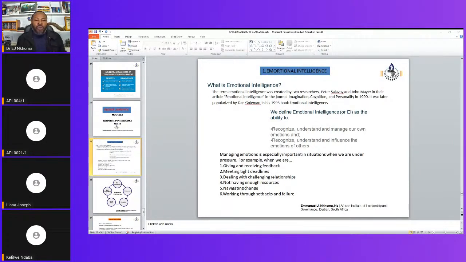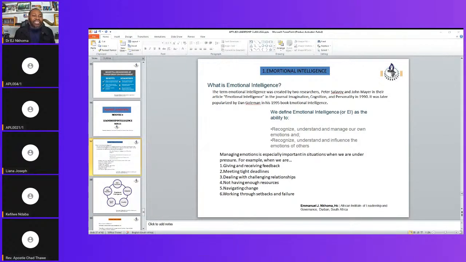What does that do to you? That affects your performance at work. Your performance is affected when your emotions supersede your input. So make sure you recognize how you handle your emotions as a leader before you appear at your workplace, in your organization or in a meeting. Because if you don't deal with your emotions well, definitely they will affect your daily business.